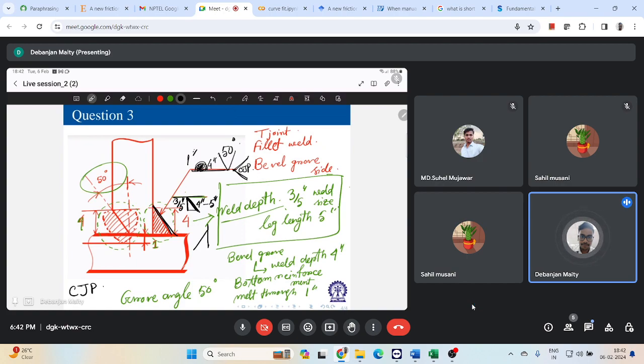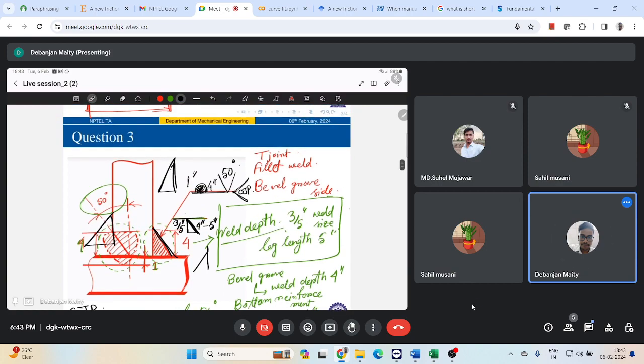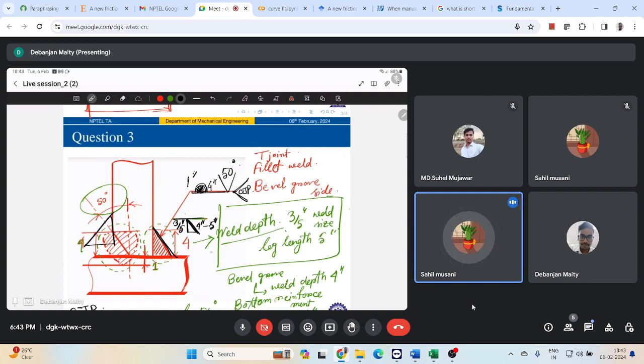So if my fillet was in this direction, you had to put the fillet like this. Am I right? No, always the vertical line is on the left side, not the right side. Okay.